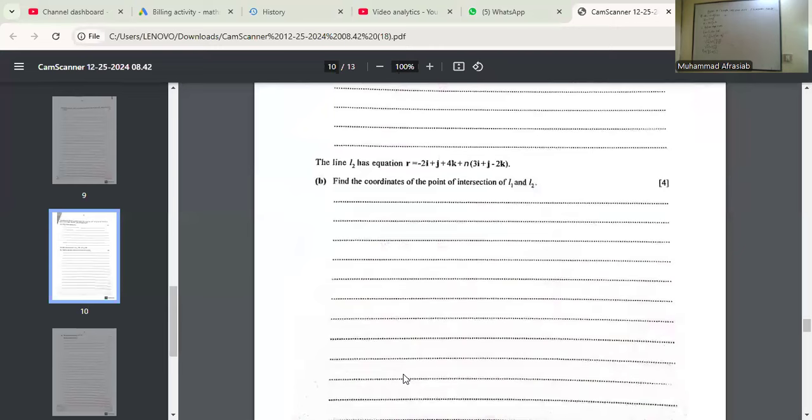the line L2 is having the position vector r is equal to minus 2i plus j plus 4k plus n times (3i plus j minus 2k).